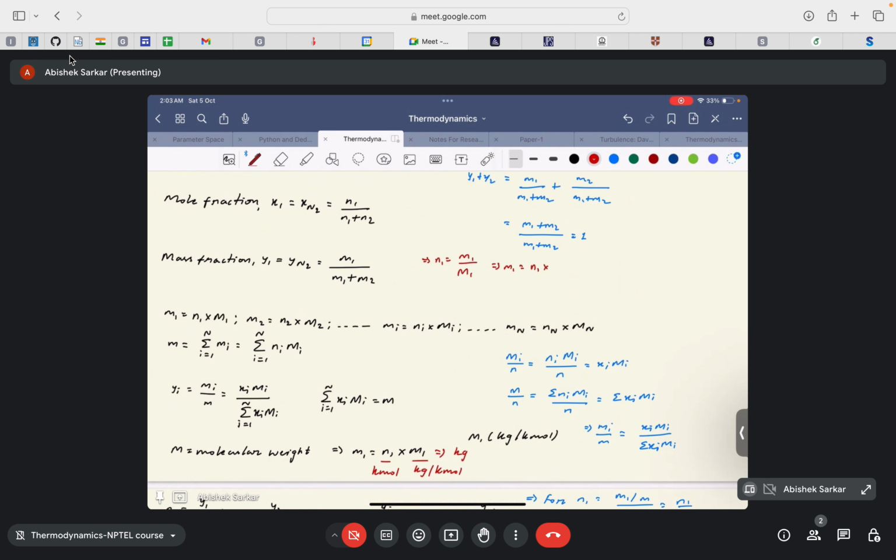Similarly, small m2 would be n2 into capital M2, and so on. mi, a general notation for mass of a particular gas, would be ni, the number of moles of that gas, into capital Mi, the molecular mass of that gas. For the n component system, mn will be equal to small nn into capital Mn.